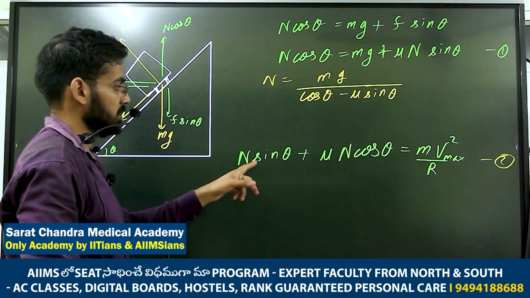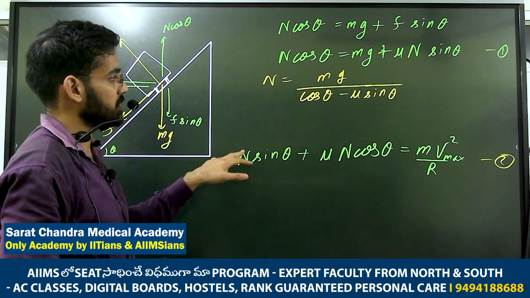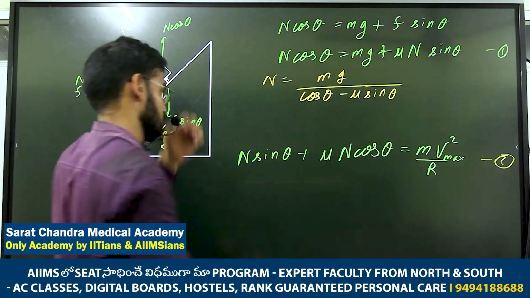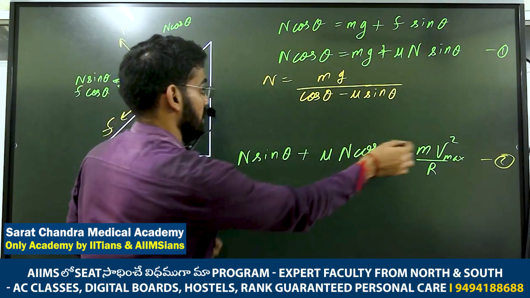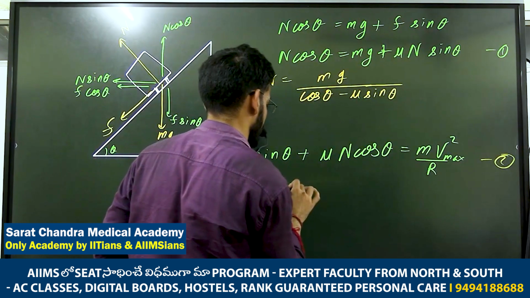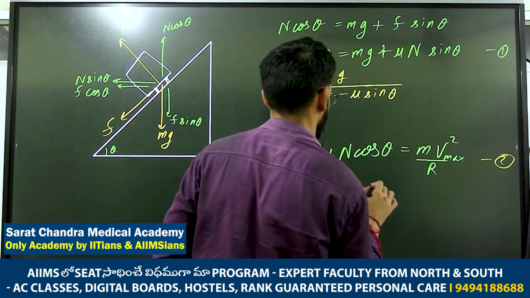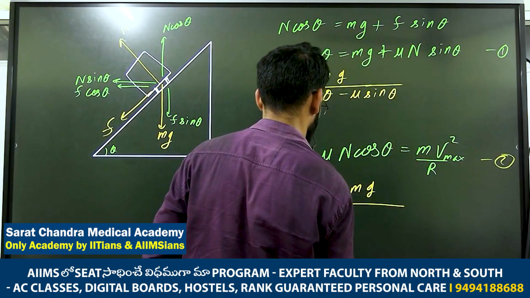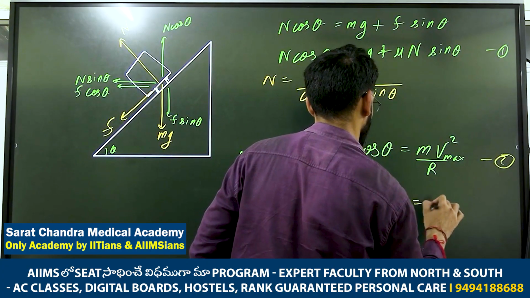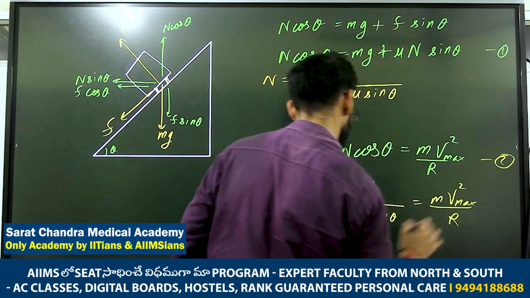What is there? Sin theta plus mu cos theta. So here you can put normal, sin theta plus mu cos theta is there, multiplied by mg divided by cos theta minus mu sin theta equal to mv max square by r.